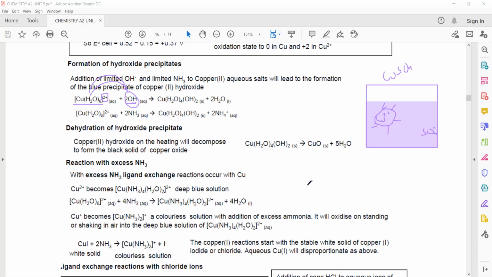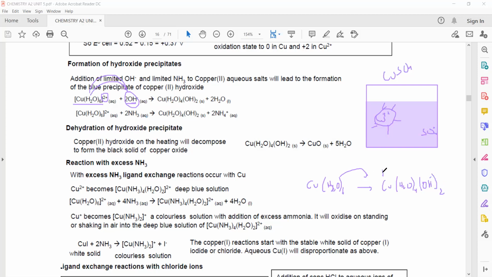So if we originally had 6 water molecules and two of them lose protons, we are left with 4 water molecules and 2 hydroxide. Now what is the charge?